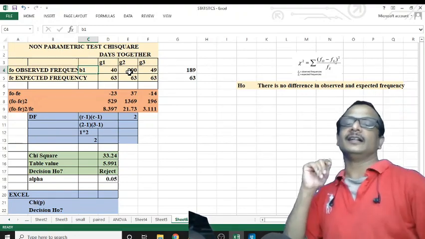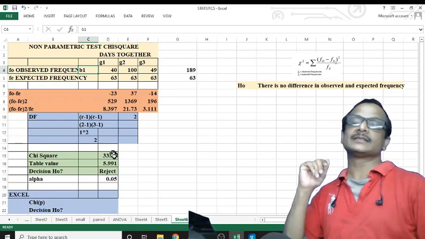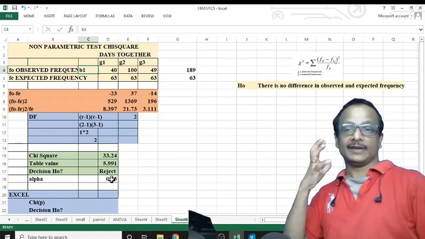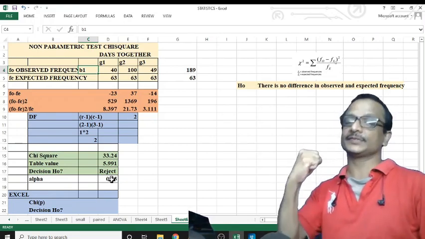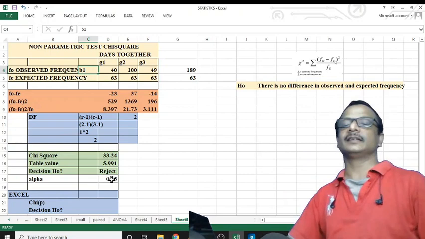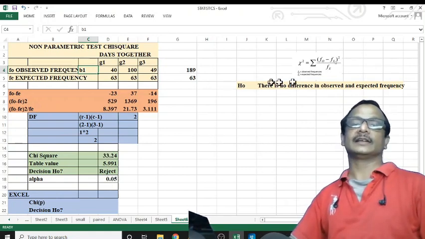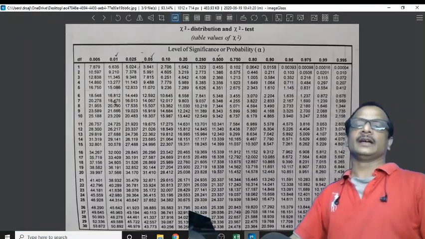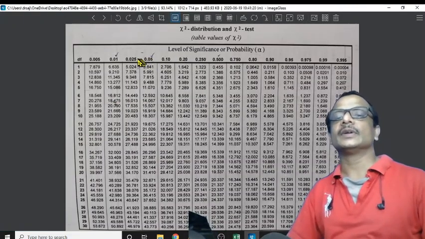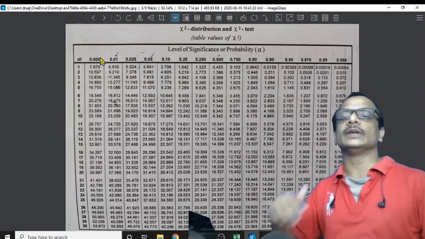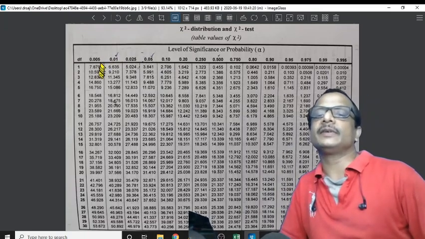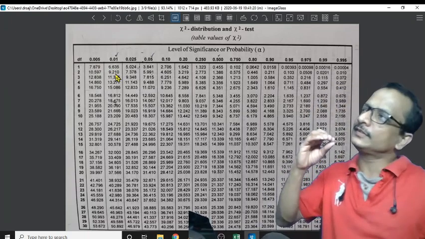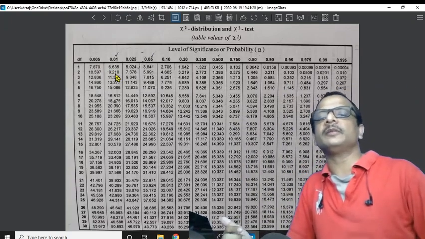Here this value means it is significant at 0.05 level, means we have a confidence of 95% that this association is significant. Here we can reduce the alpha value to increase the confidence. If we check with this value 9.210, our confidence is again increased to 99%.